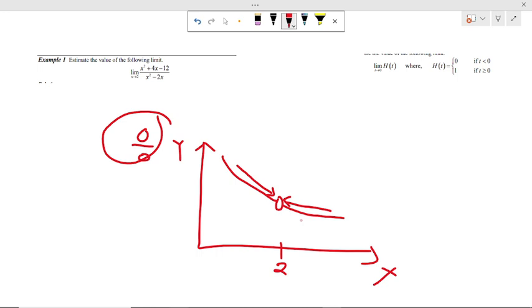And if it exists, if you are approaching the function from the left hand side, it means that we take any number less than 2 and put it in this function.